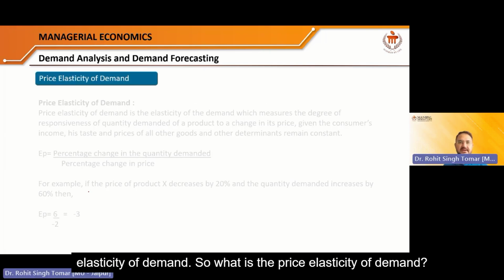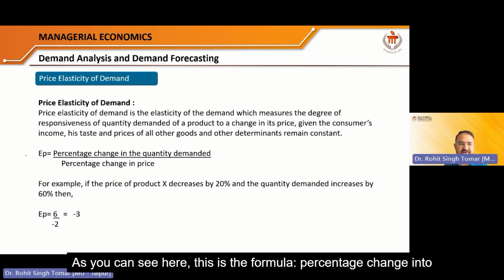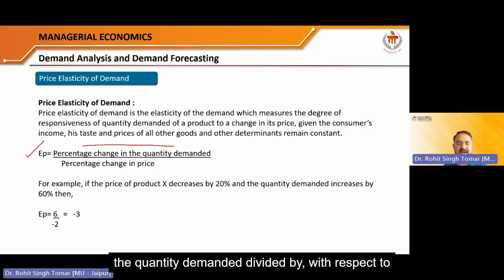Price elasticity of demand. So what is the price elasticity of demand? As you can see here, this is the formula: percentage change in the quantity demanded divided by, with respect to, percentage change in the price of that commodity.